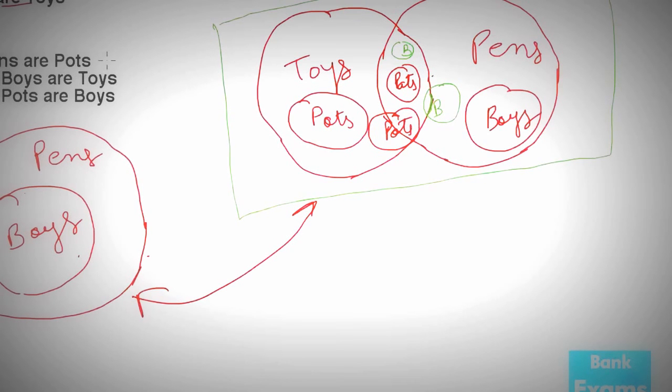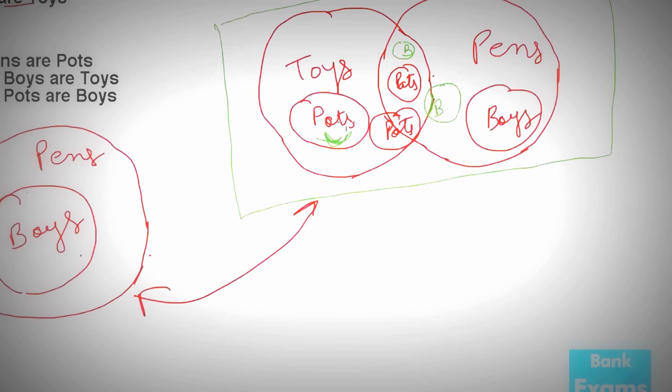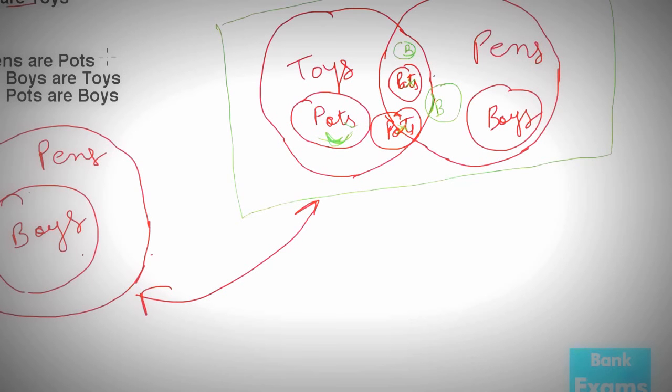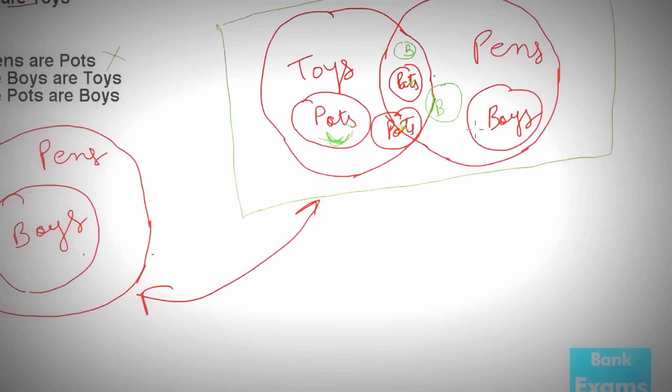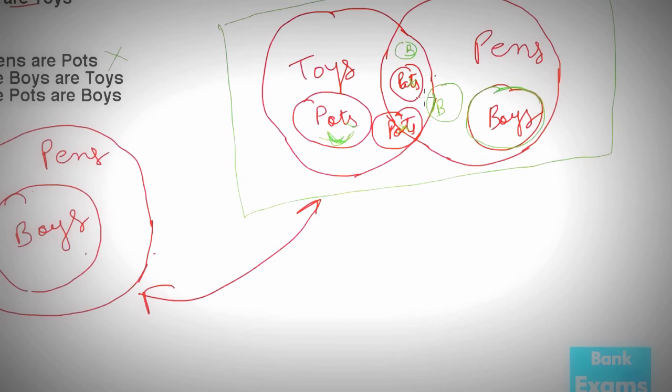All the pens are pots. So look at this circle. If the pot is not here, if it is here, then all the pens are not pots. So it is not possible at all. Some boys are toys. If the circle boys is situated here, then there is no relation between the toys and the boys.